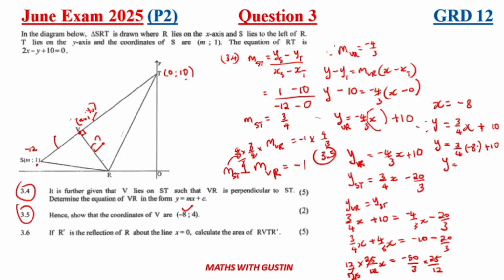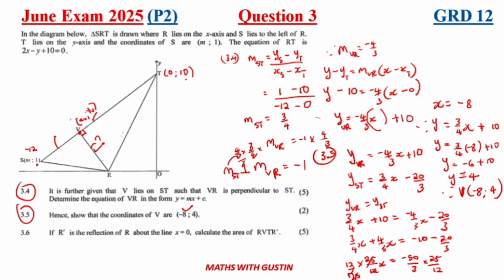It goes 2 times. 2 times this is going to be negative 6 plus 10, which gives us a y value of 4. So therefore yes, indeed, v is going to be equal to negative 8, 4. And guys, that's how you would prove the value of v.